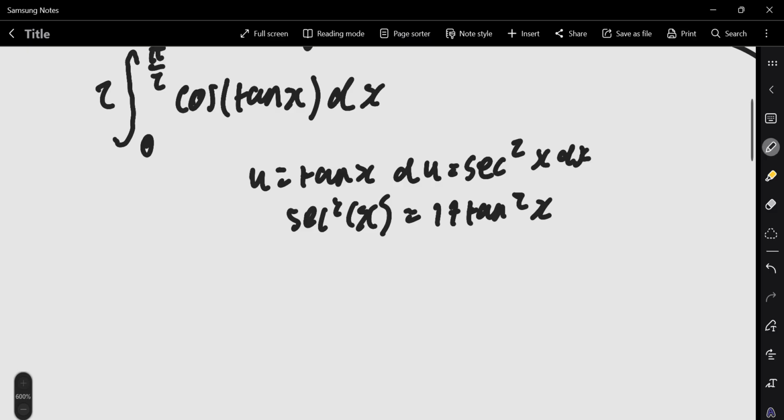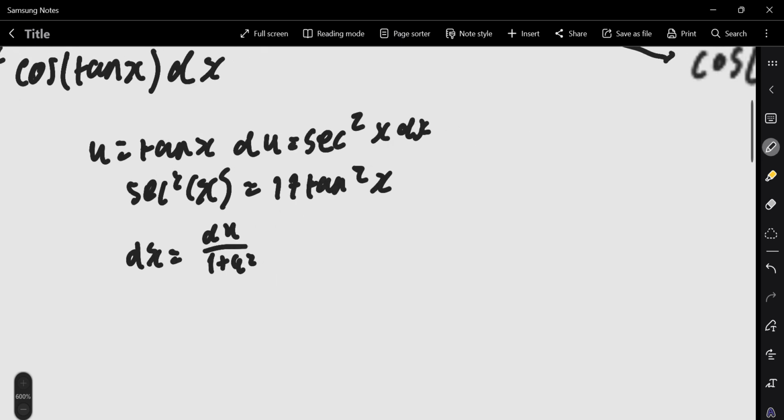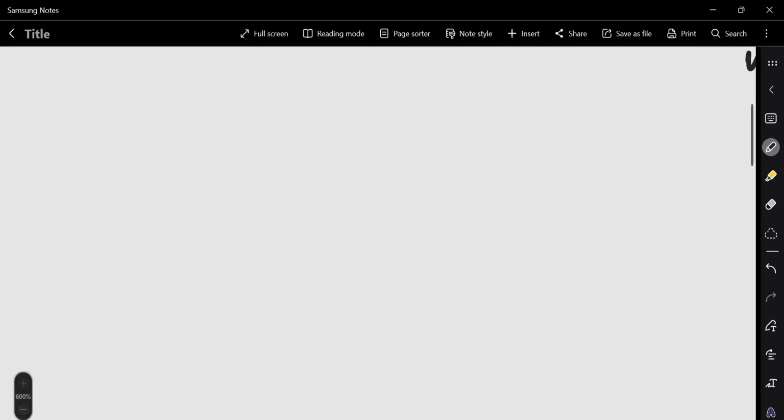I wonder if anyone can guess what we're going to do next. Okay, that's fine. dx equals du over 1 plus u squared. What does the lower bound become? This is going to stay 0, but the upper bound is going to go to infinity. So we now have, I wrote finally in my notes, I equals, the two go.